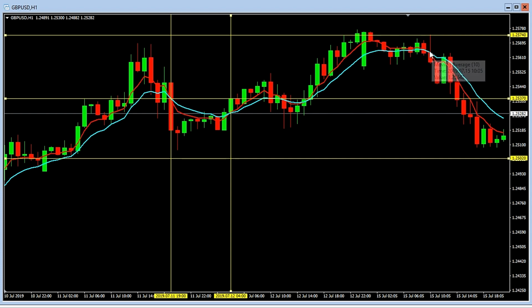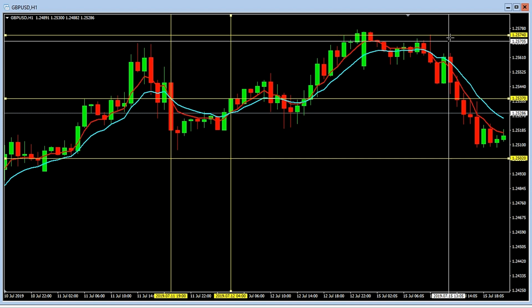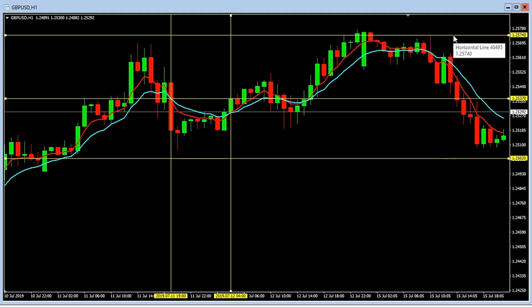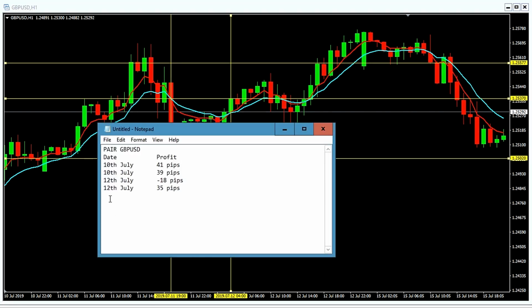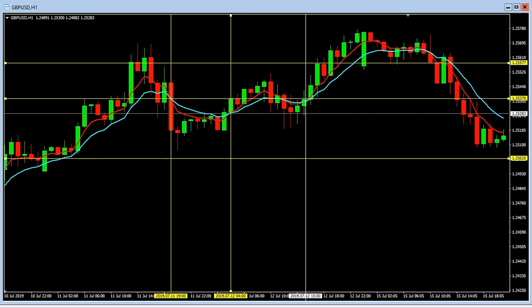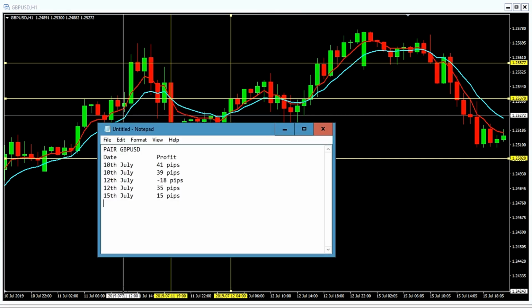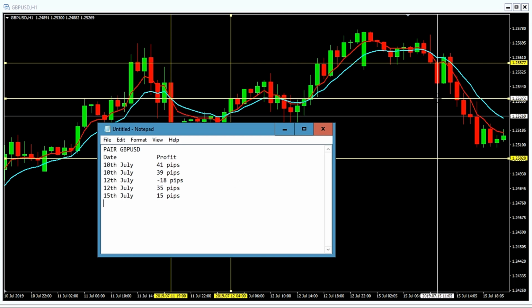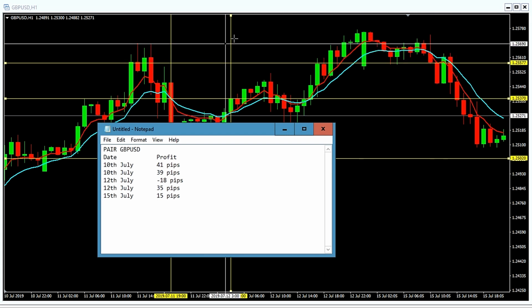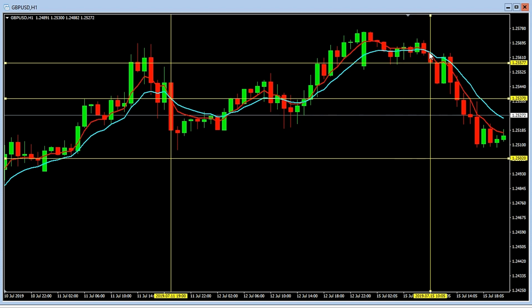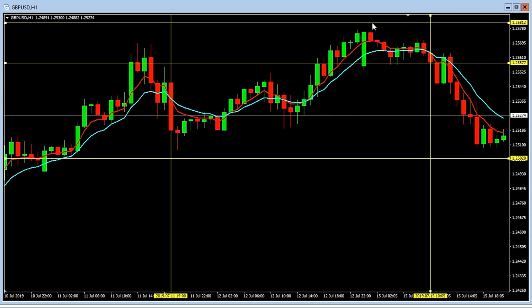Here we get a signal to go short. The moving average has gone down below the aqua, so we enter short at the open of the next candle, and we put our stop loss about 5 pips above the high.